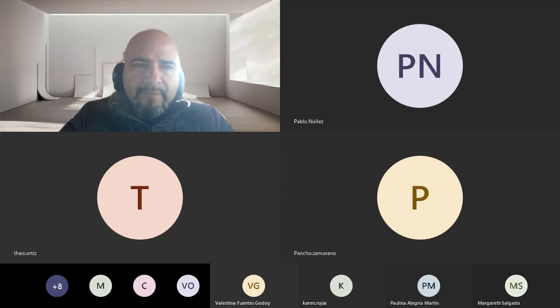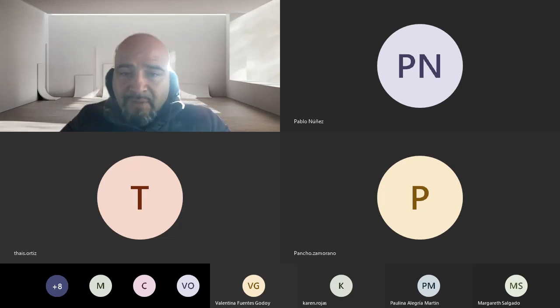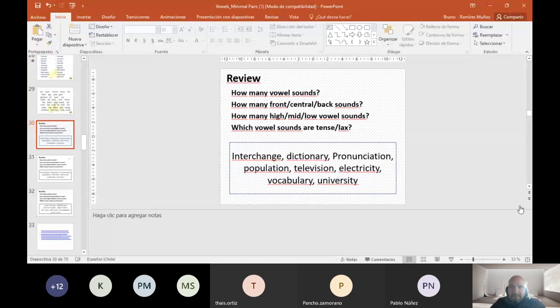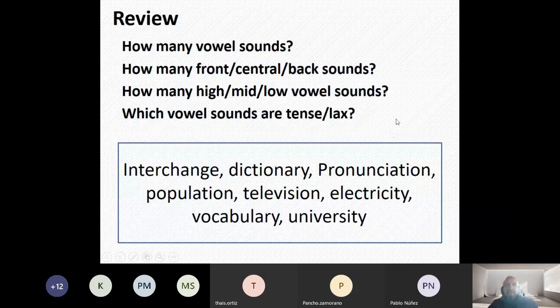Okay, let me show you another thing. So far, I'm never sure if I'm sharing with you the desktop or not. I think I am now. So thank you so much. For example, you should be able to count the phonemes, but specifically the vowel sounds, because when we talk about phonemes, we talk about sounds in general, right?